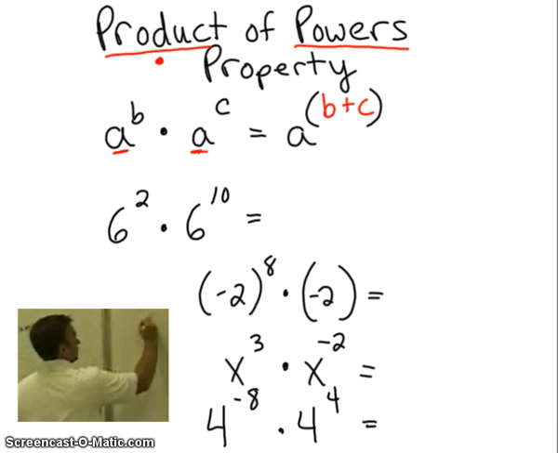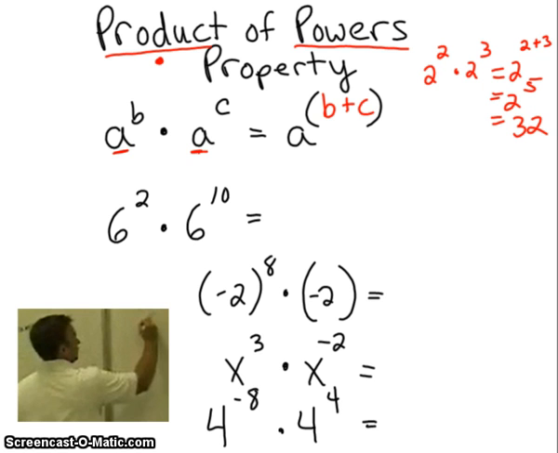Okay, let's do an easy one. So 2 to the 2 power times 2 to the 3 power, based off this rule, is 2 to the 2 plus 3, or 2 to the 5th. If you use your calculator and do 2 to the 5th, which is 2 times 2 times 2 times 2 times 2, 5 times, you get 32.